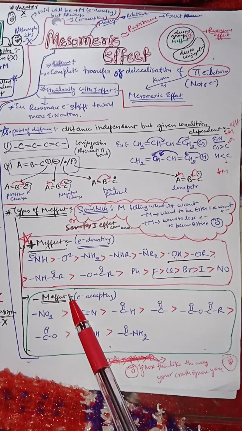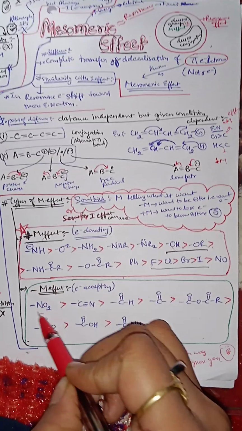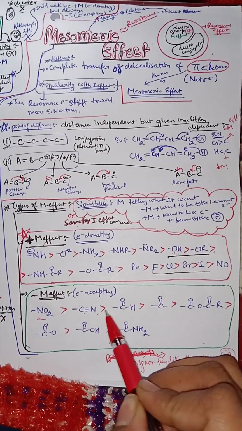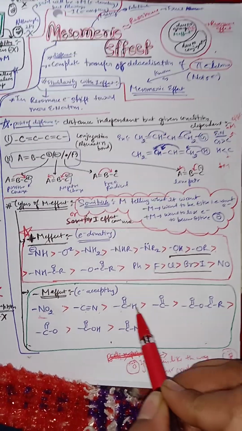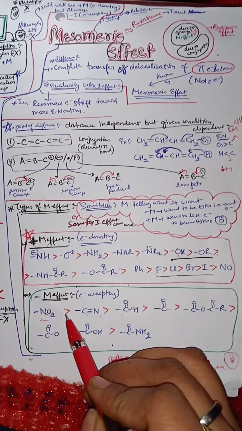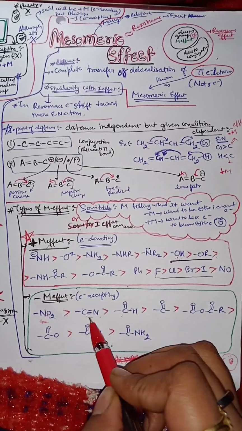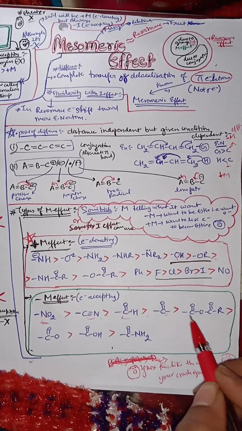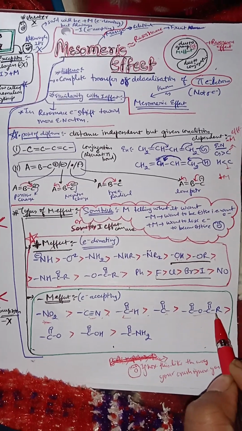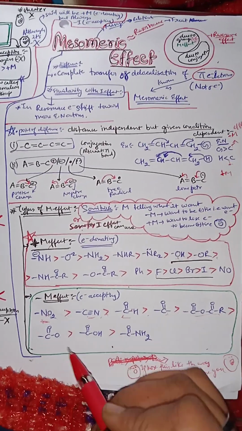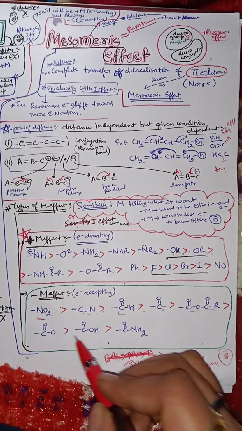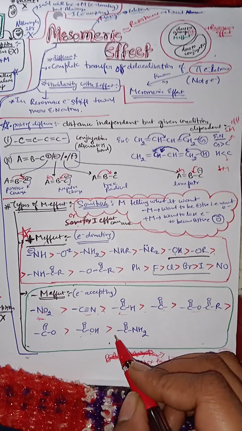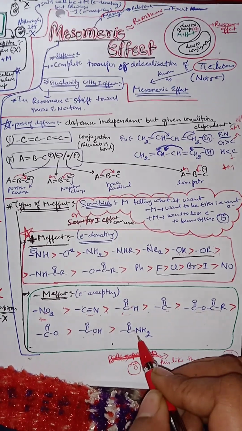So in minus M effect you can see NO2, meaning nitro, more than cyanide group, more than aldehyde group, more than ketone group, more than anhydride group, more than carboxylate group, more than carboxylic acid group, more than amide group.